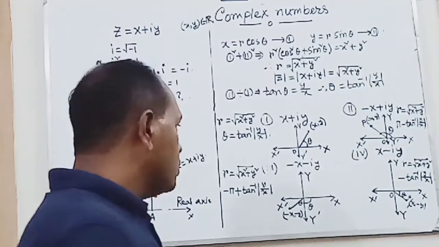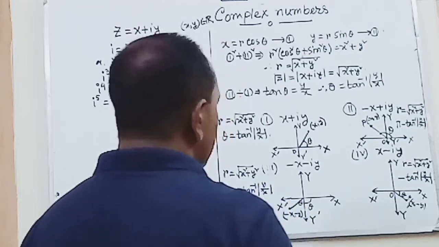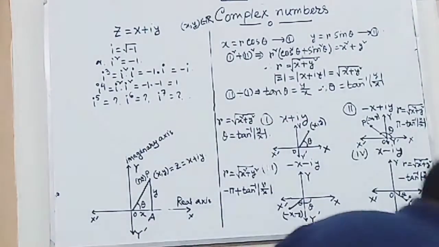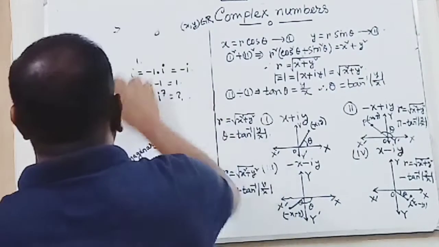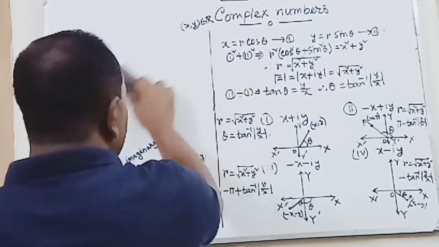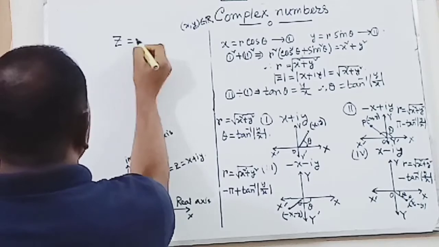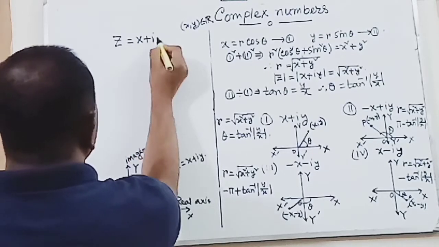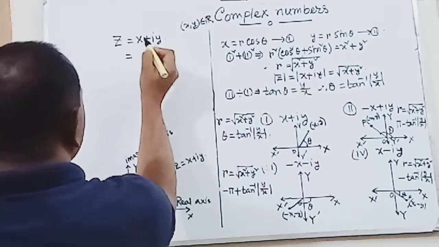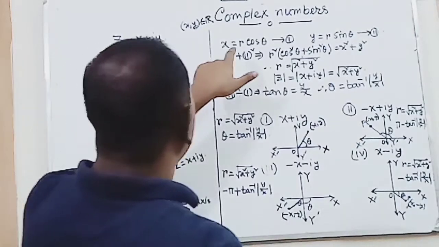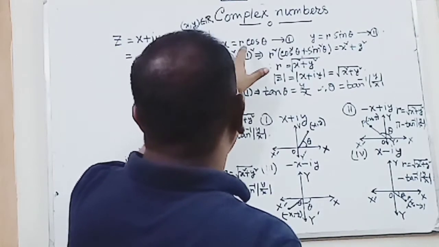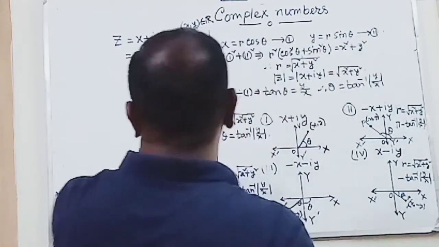Okay, now let's see what is the polar form of a complex number. Coming back to the complex number z is equal to x plus iy, now you can substitute x and y by their values. x is r cos theta and y is r sin theta.